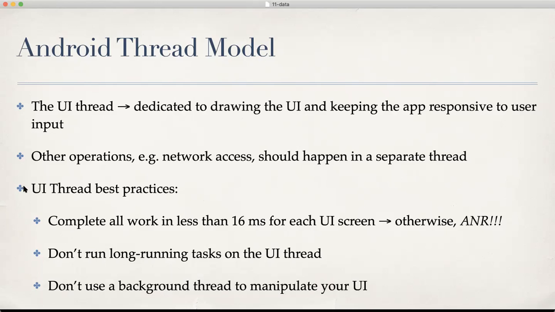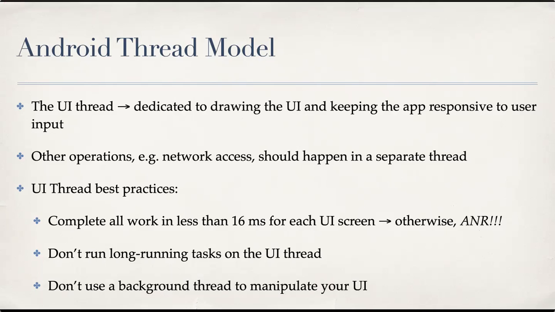Here is a concise best practice for the UI thread. Complete all the work in less than 16 milliseconds for each UI screen. Now, you're not going to, of course, count 16 milliseconds, but that is the current threshold for displaying the dreaded ANR, application not responding, which is what you get if your application is not responding. You might have seen this dialogue: the application is not responding.